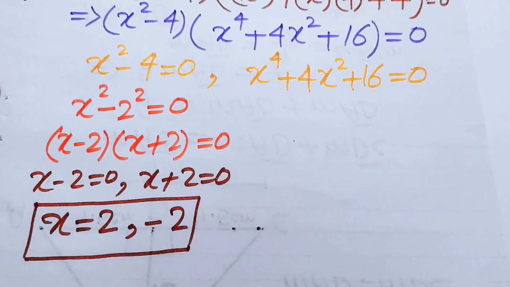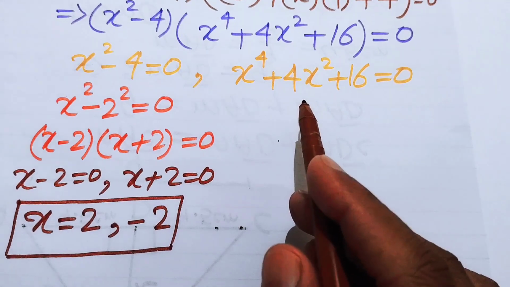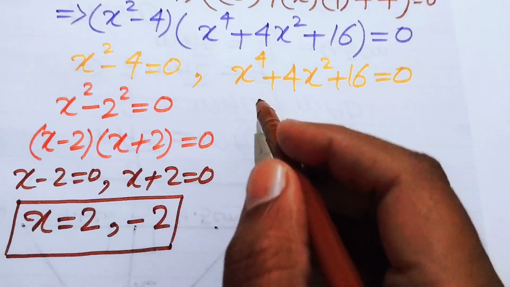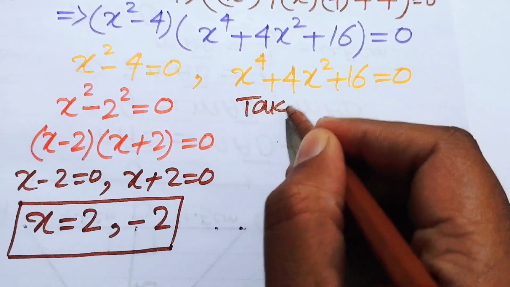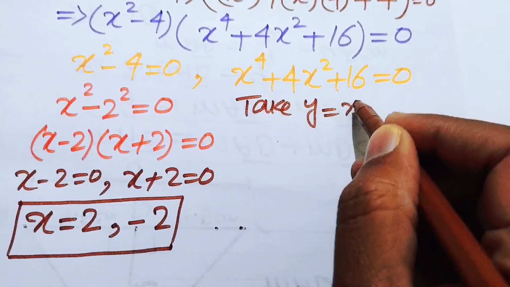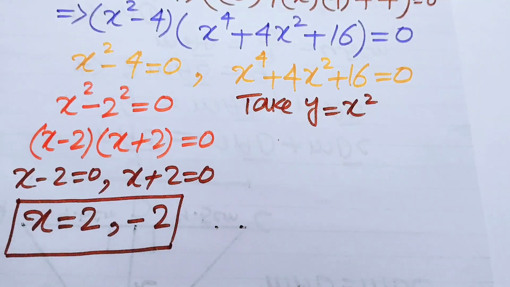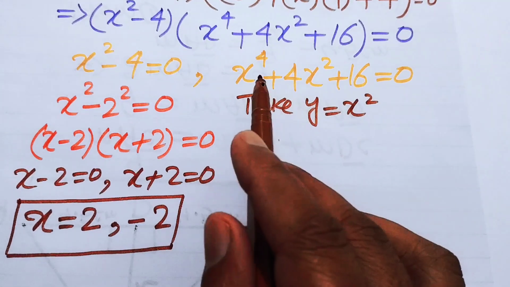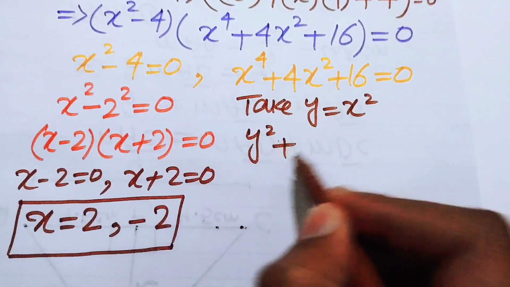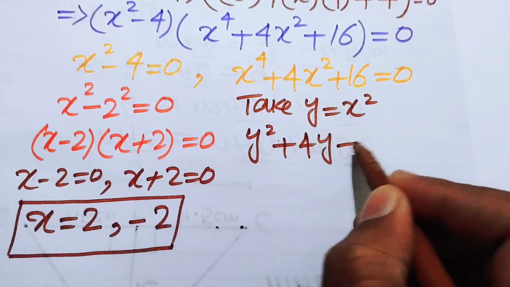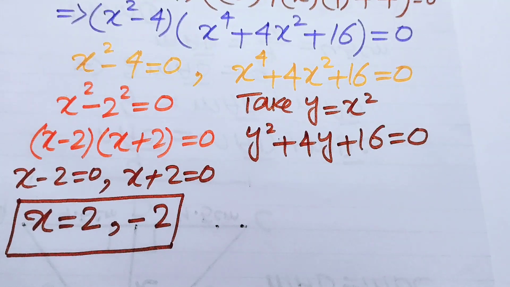And now we move towards our second case and solve it. First we take y equals x square and convert this polynomial equation into quadratic form. So this equation becomes y square plus 4 times y plus 16 equals 0.